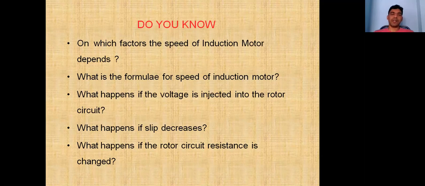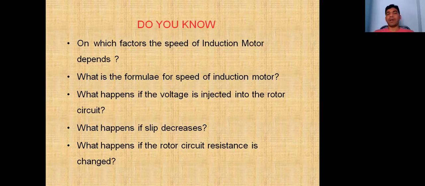On voltage. By changing the voltage, motor draws extra current that may result in excessive speed. And the synchronous speed is 120 f by P. By changing the poles and frequency, we can change the synchronous speed. By changing the voltage, we can change the speed.